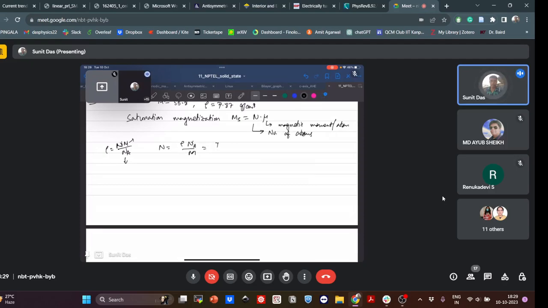So rho is given as 7.87 and then the Avogadro number, divided by 55.8, and this will be in atoms per cm cube.